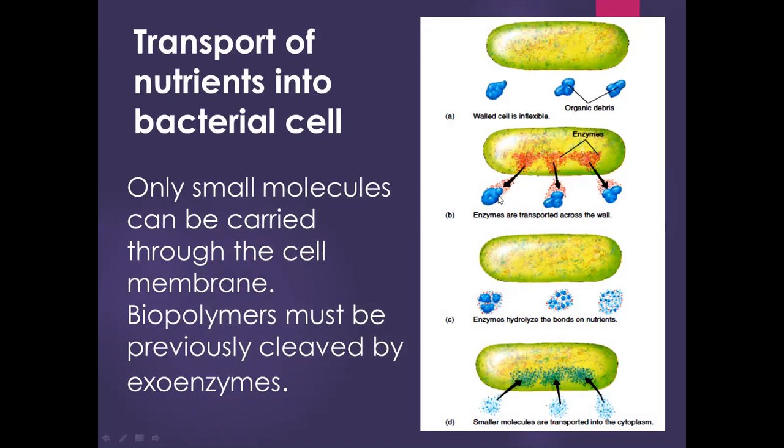And this enzyme cleaves the large molecules into smaller fragments, like a large protein molecule into polypeptides, or a large molecule of polysaccharide into monosaccharides or oligosaccharides. And then these small molecules can be absorbed inside the bacterial cell.